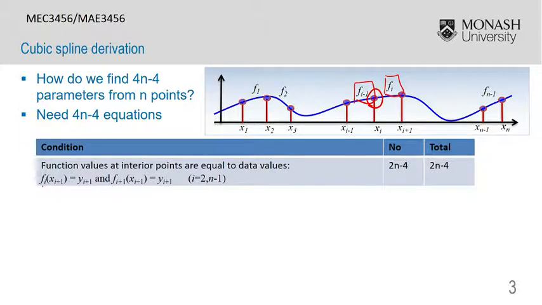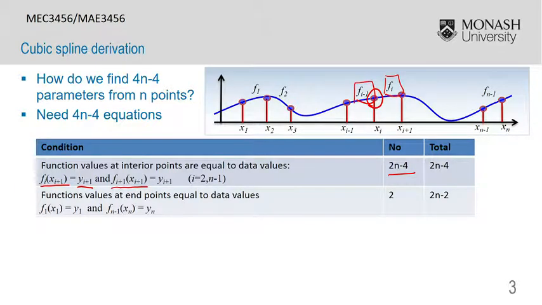That means fi of xi plus 1 has got to be equal to yi plus 1, and fi plus 1 at xi plus 1 has also got to be equal to yi plus 1. This has got to be true at n minus 2 points, for 2 splines, so that gives us 2n minus 4 conditions.